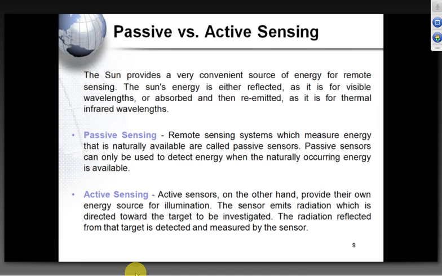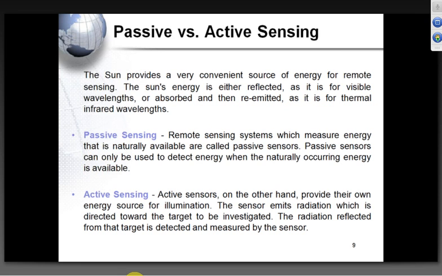Here comes passive versus active sensing. So two kinds of sensing are there. One is passive, another is active. In case of passive sensing, the word passive is used for the systems which use the resources which are naturally available.